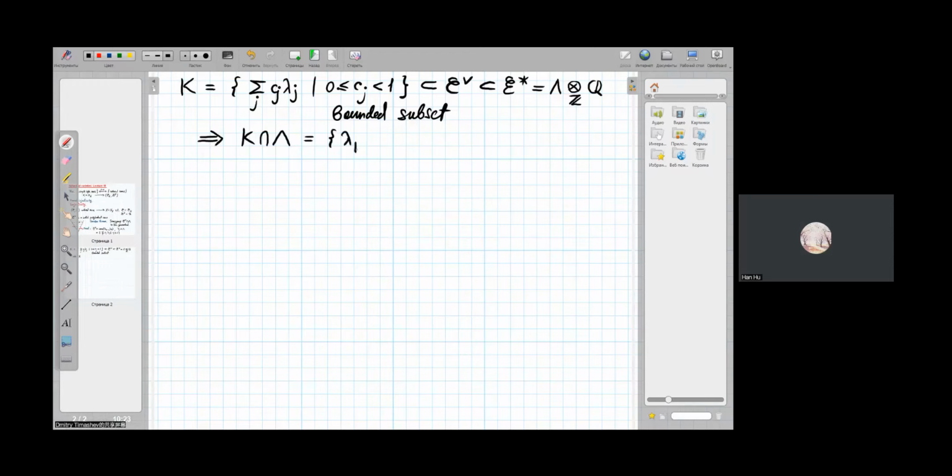Let me continue the enumeration. We had lambda 1, ..., lambda k, and now we have lambda k plus 1, etc., lambda n. This is a finite set. And clearly, the semigroup of lattice vectors in the cone C check is generated by all these vectors.